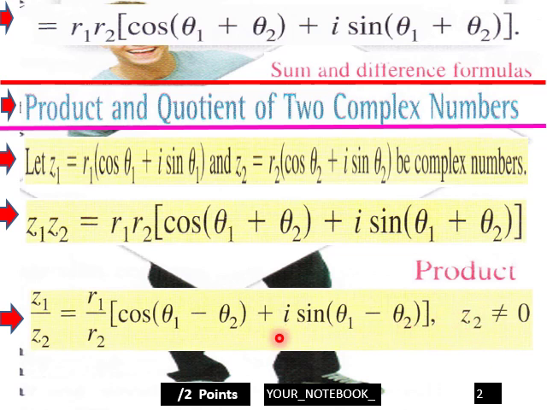In this case, r2 cannot equal 0. This is what you model your homework problems off of for the product and quotient of two complex numbers.